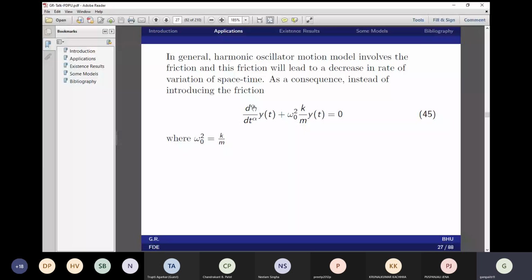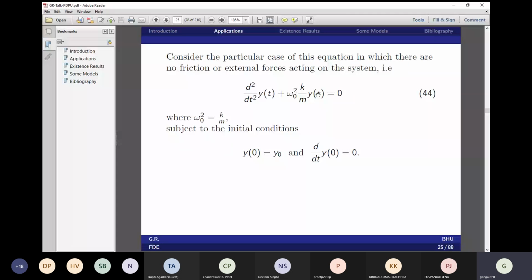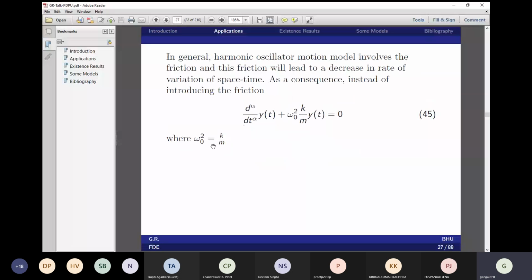So we can conclude that the integer order derivative equation can be taken as fractional order derivatives, and the same conditions we can take for this system.